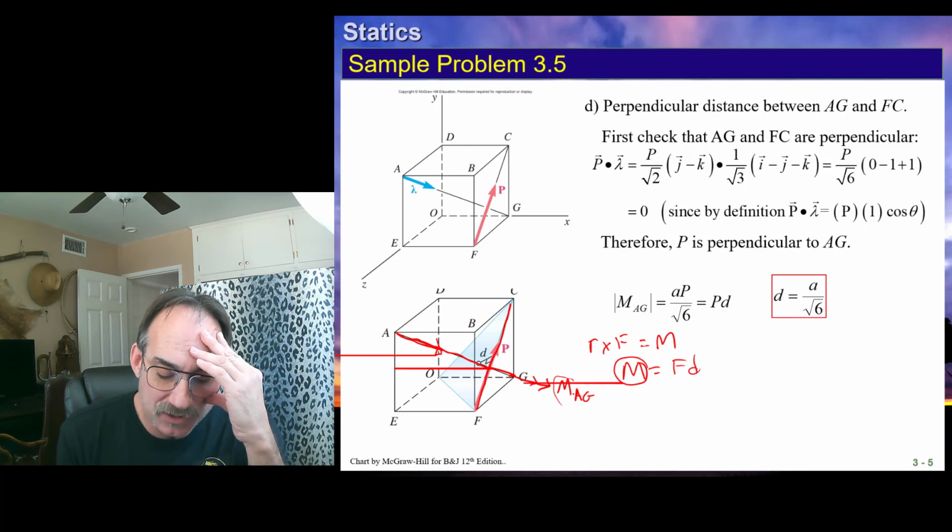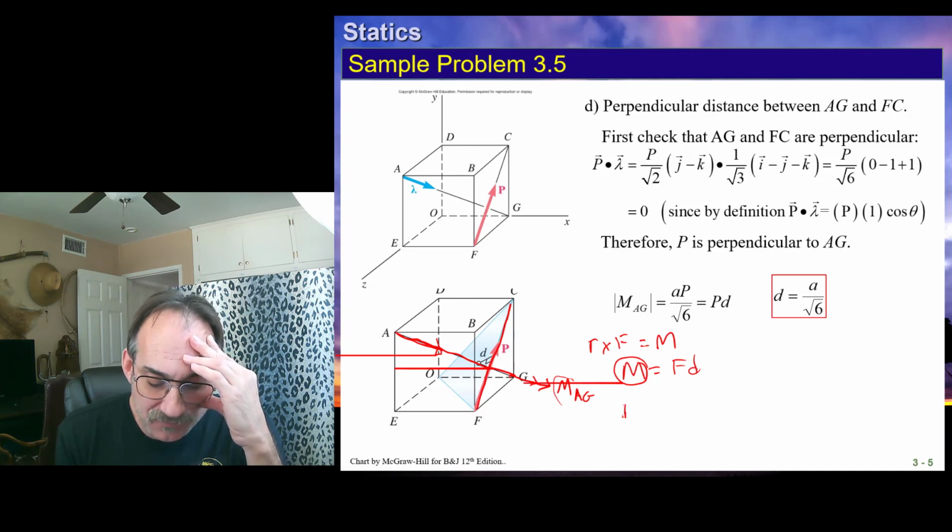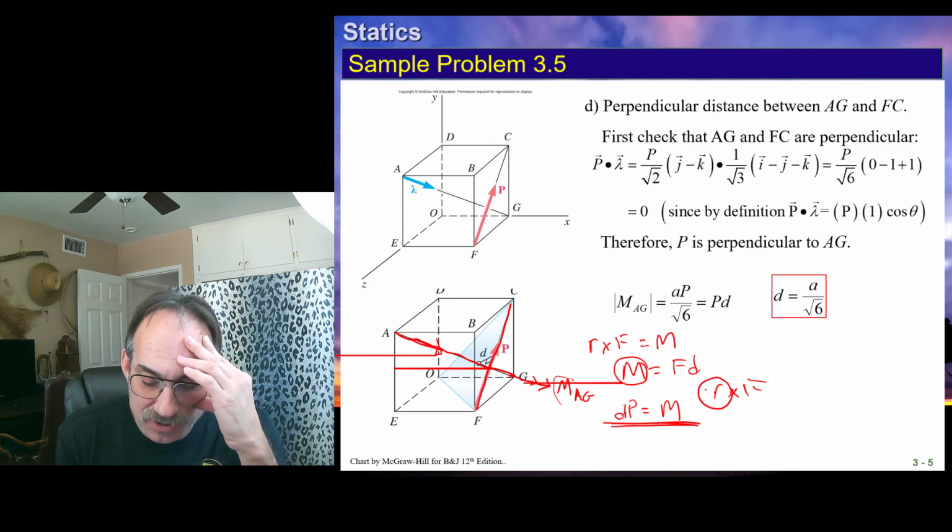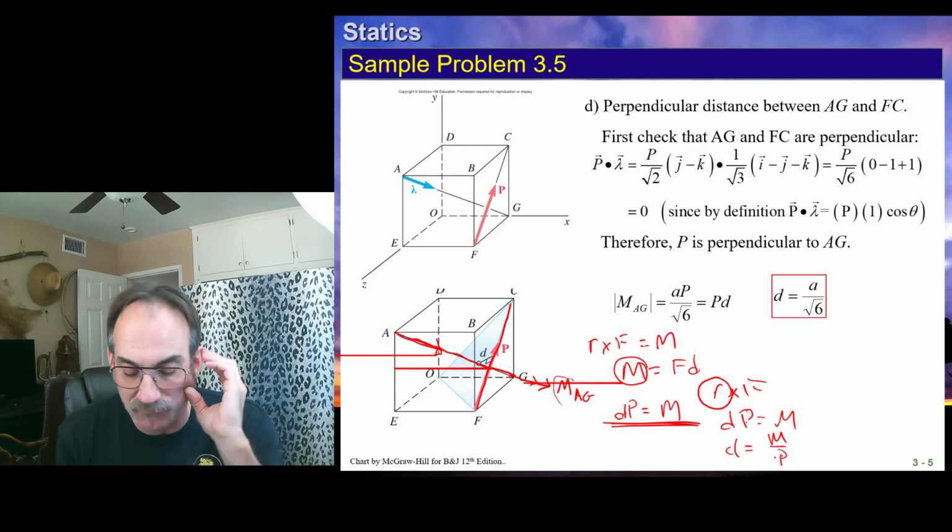Since we have the moment along that line of action, any position vector, the perpendicular distance times the force P is equal to the moment about that axis. This is the R cross F, but what we're using is that R is the perpendicular distance, which breaks it down to just the scalar. Perpendicular distance times force equals moment. Then we solve for the perpendicular distance: it is the moment divided by the force.